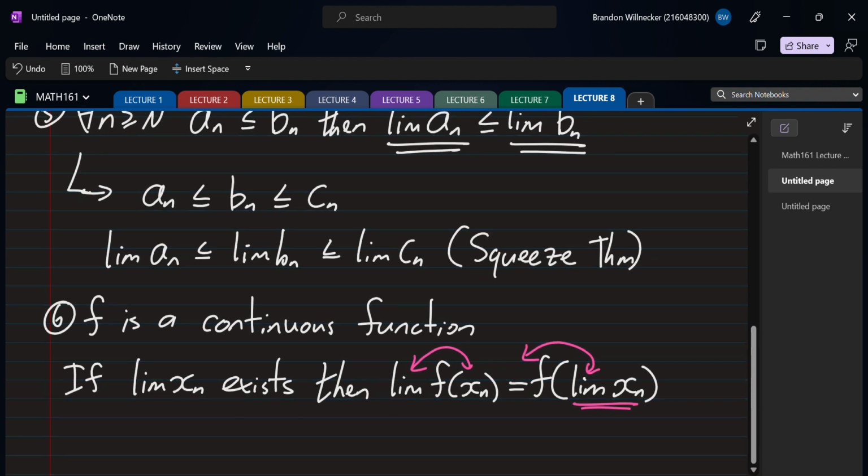Okay, so if we know a certain function is continuous, then we can do this rearrangement here, and this makes things quite nice and easy to work with. Okay, so those are all the properties that we're going to look at for now. I'm going to go through 4 examples just to illustrate what we do, and then in the next lecture tomorrow, during our single period, we will go through some more complicated examples and some more properties.